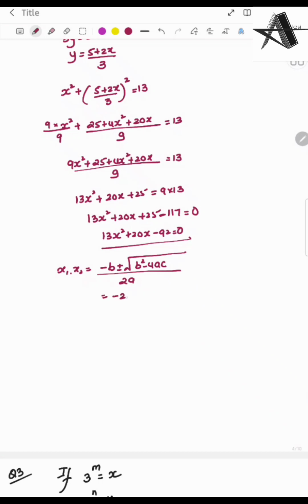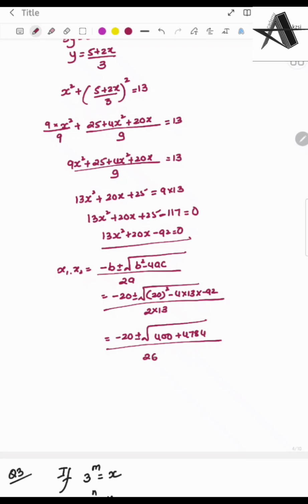So minus 20 plus minus root of 20 squared minus 4 into 13 into minus 92, over 2 into 13. Now solving the bracket, 20 squared is 400, and here 92 into 13 into 4 will be plus 4784, over 26.